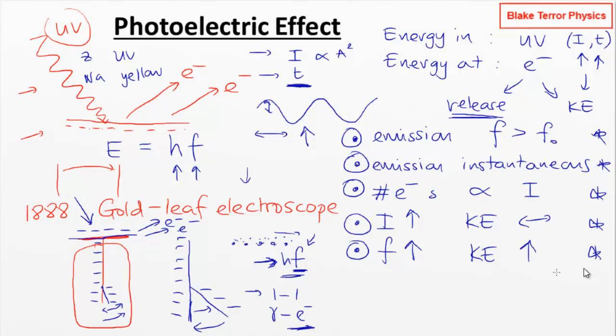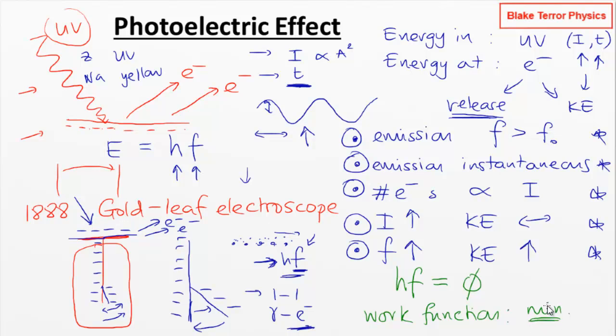So the energy of a photon, hf, that's our packet of energy, our quantum of energy that's coming in. So that's our incoming energy. This is just a conservation of energy equation. Incoming energy on the left, outgoing energy on the right. We've got the work function, which we denote with this Greek letter phi. So the work function, this is the minimum energy required.